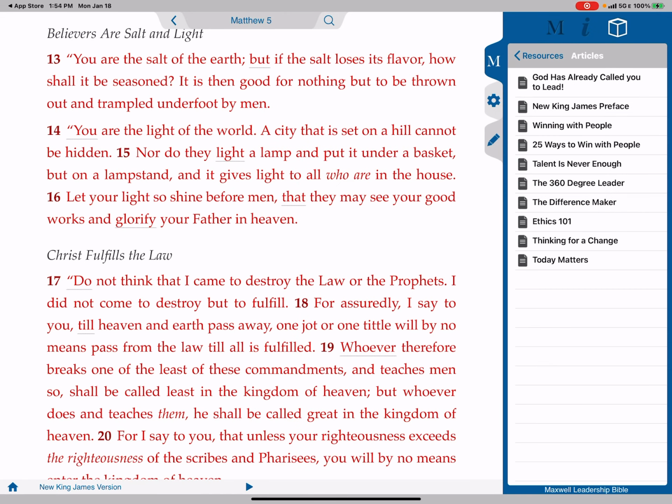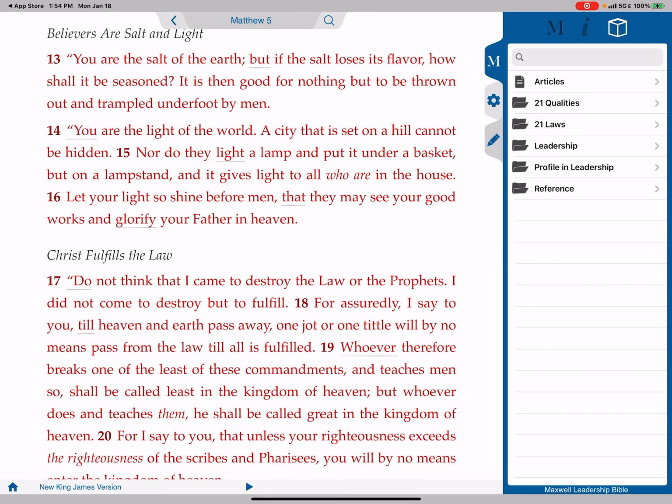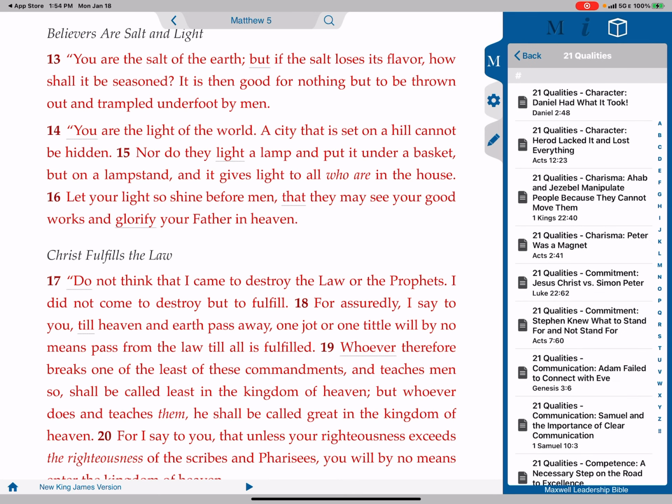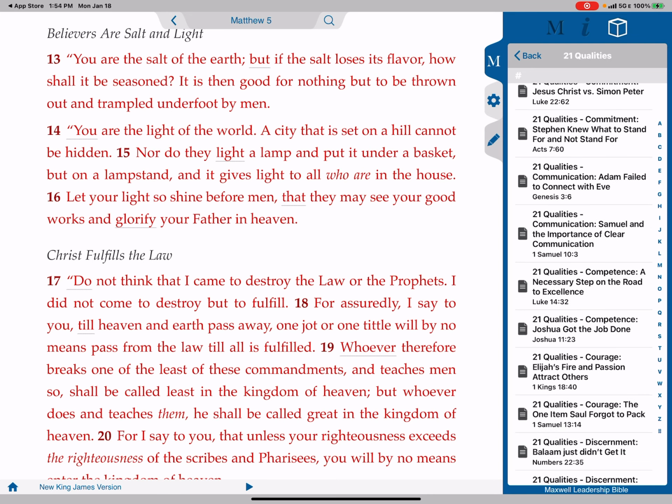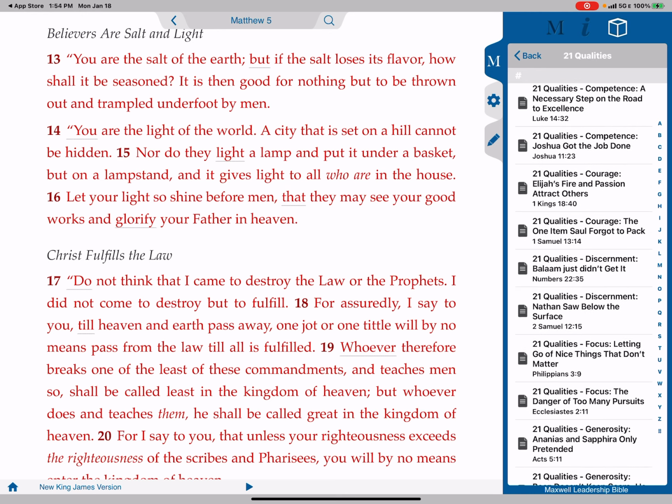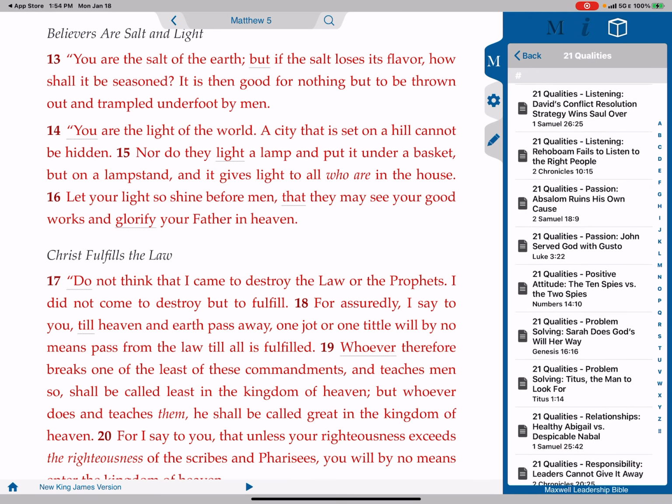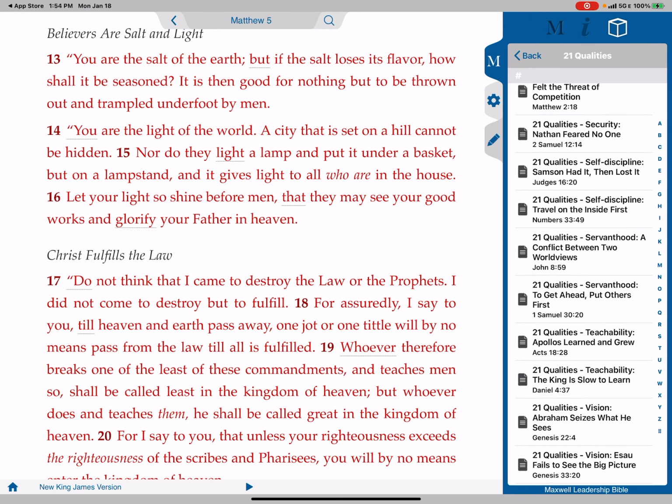And so you go back to the resources, and this resource cube will always take you to the list of your resources. Here you have 21 qualities, and this is taken from Dr. Maxwell's books that he has written.